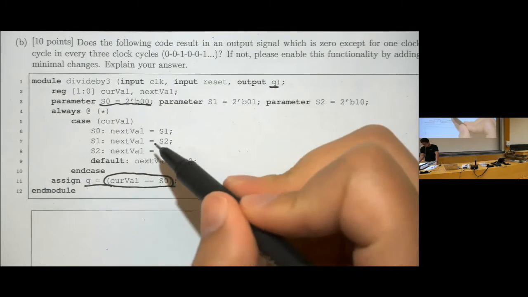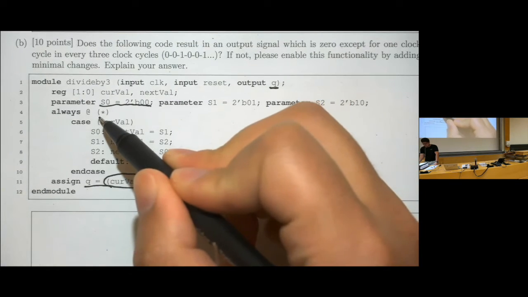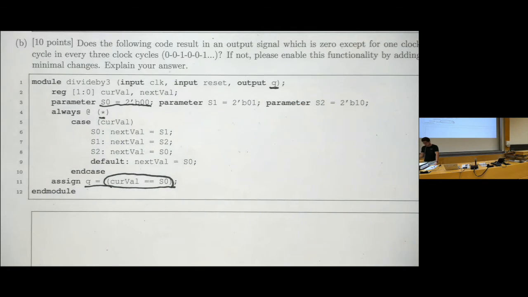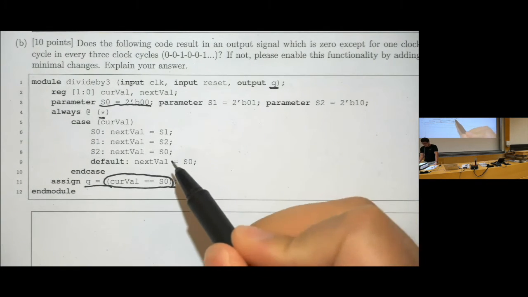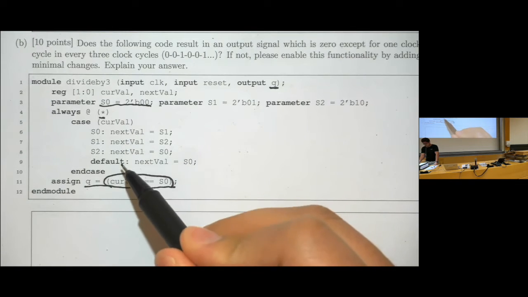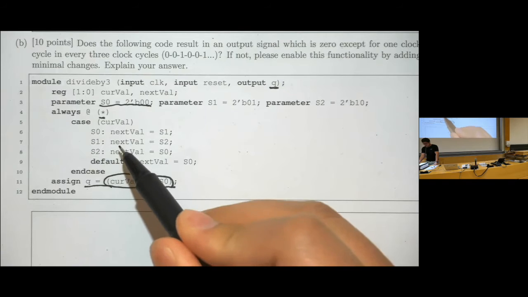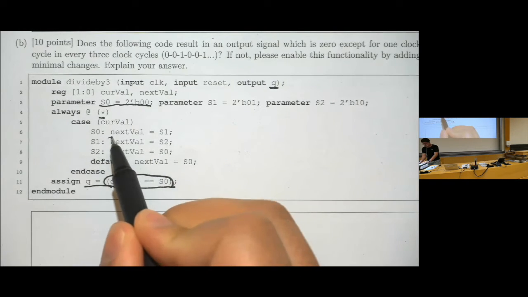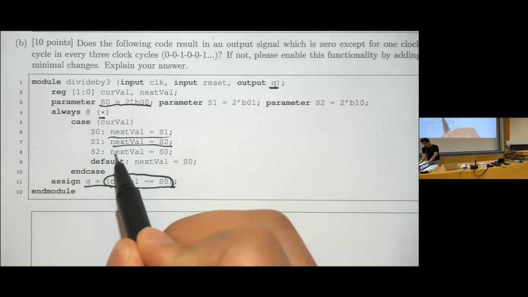And in the always statement, which is triggered on every input, like it's an always at star statement, it's where we define our combinational circuit, right? We look at the current value, and depending on its value, we set the next value to either S1, S2, or S0 here.